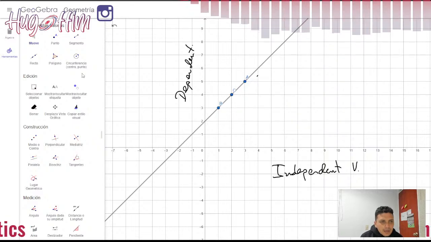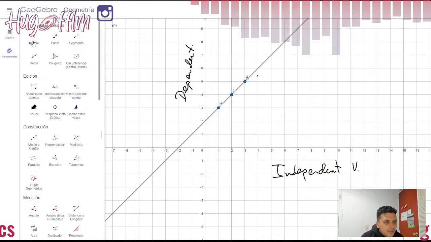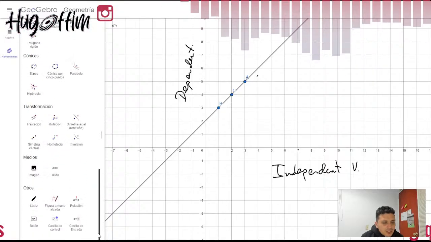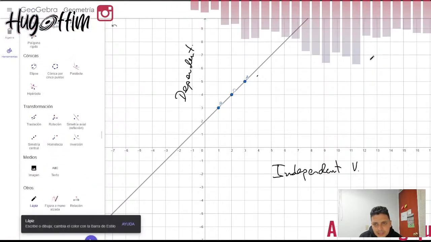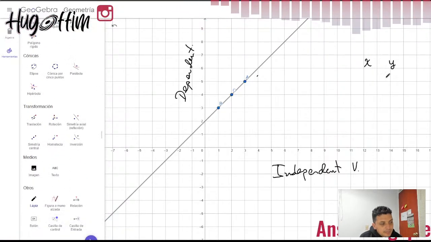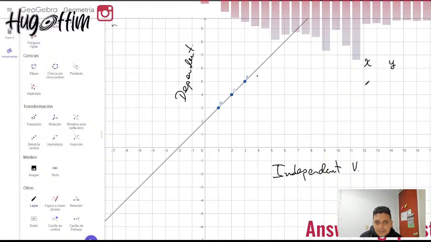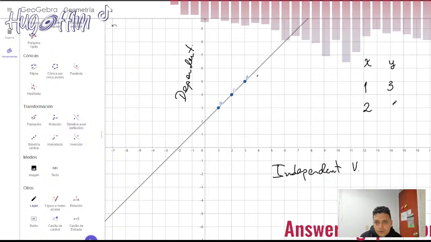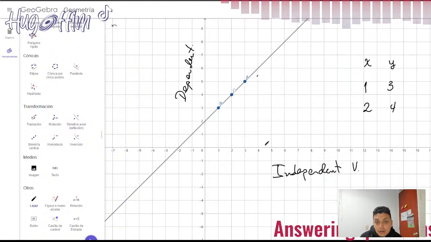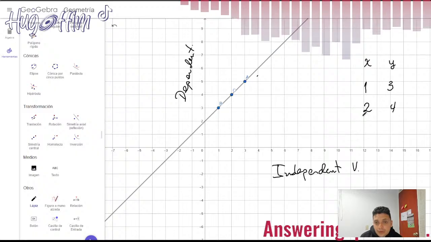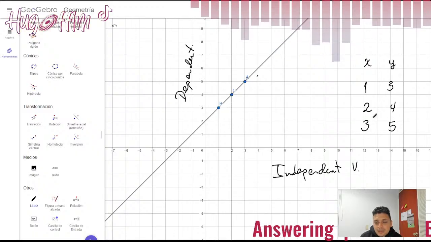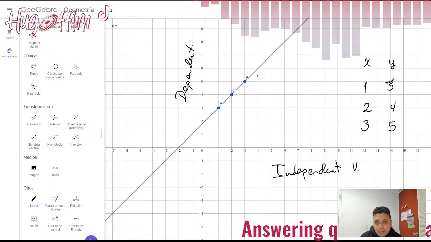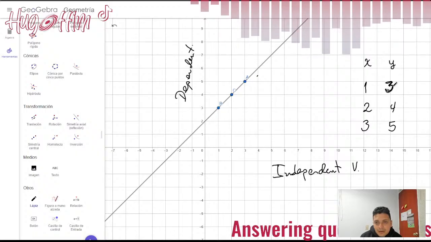Okay, so I want to know whether this relation, these points, let's say x and y, given by 1, 3, 2, 4, and 3, 5, is directly proportional, if they follow a direct variation.